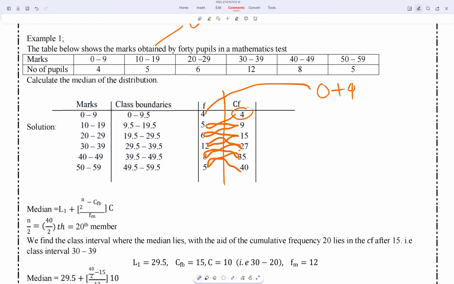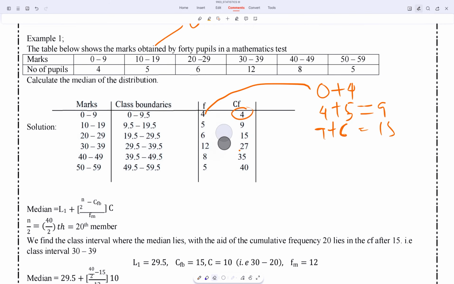So this is 0 plus 4, then 4 plus 5, that's 9. I'm sure you understand the arrow I used. Then 9 plus 6, that's how they got 15, and it goes on and on like that. If you don't understand, please do well to ask questions.